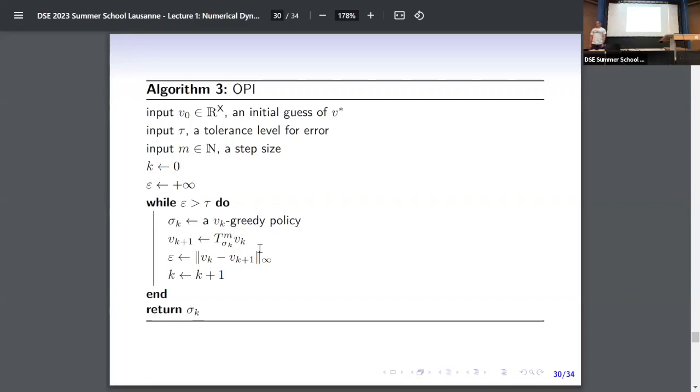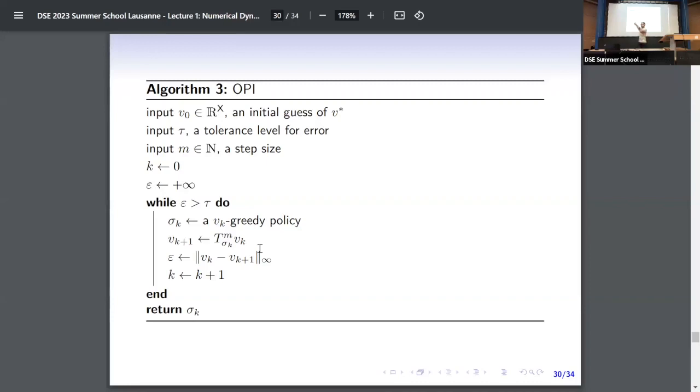If m is infinity, you iterate an infinite number of times, is that what value function iteration is? No, because it's the policy operator that you're iterating, rather than T. Good question. I get this greedy policy, I'm going to freeze it. Now I take the associated policy operator and start iterating with it, but I'm not maximizing anymore.